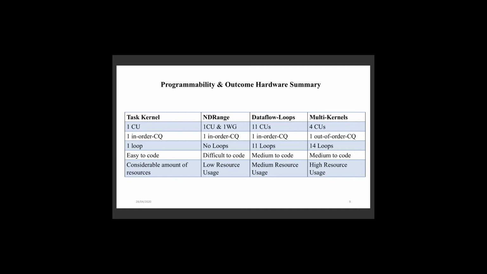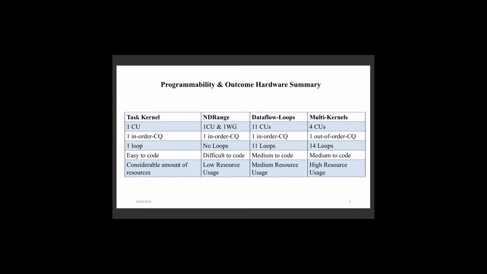For example, dataflow loops required 11 compute units as a hardware outcome. In terms of the host programmability, we had to use an out-of-order command queue to run the 4 compute units of the multi-kernel mapping option in parallel.